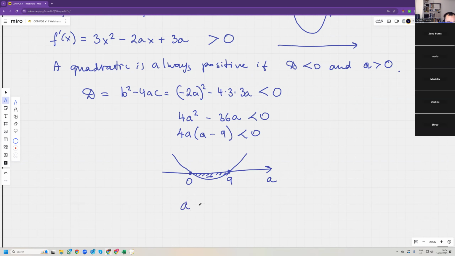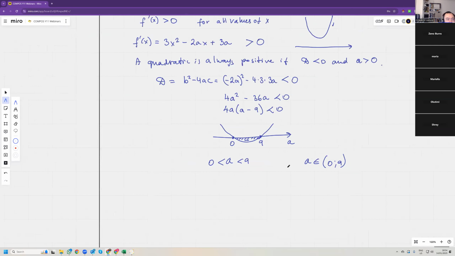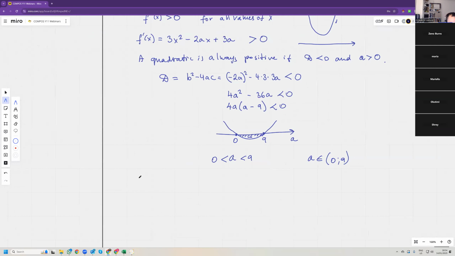So a is less than 9, greater than 0. Or as I prefer to write it, a belongs to the set from 0 to 9. So when a is between 0 and 9, the function is always increasing. Answer. If a is from 0 to 9, f of x is increasing.